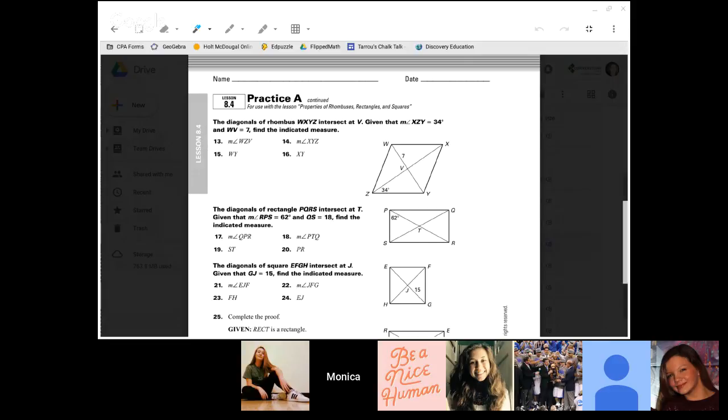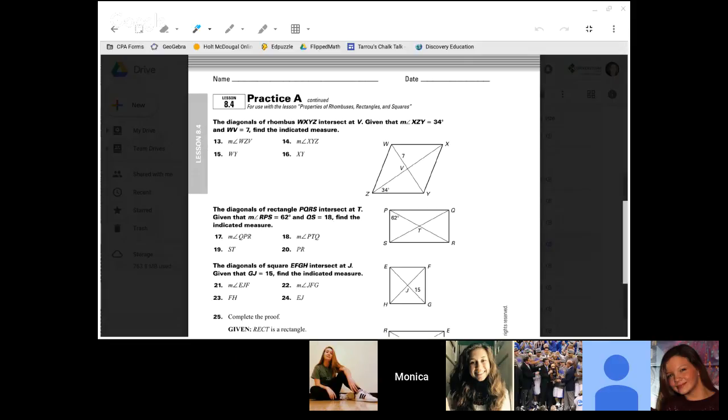All right, Alicia. So what do we know about those diagonals, about the angle formed by those diagonals? Okay. So if this is a right angle here, okay, and what we're solving for is this length.